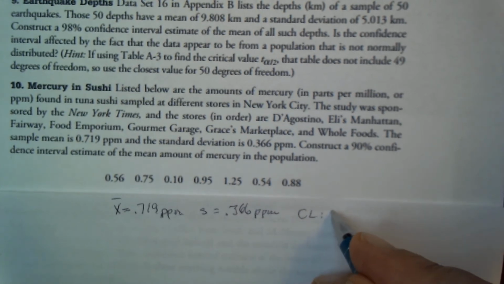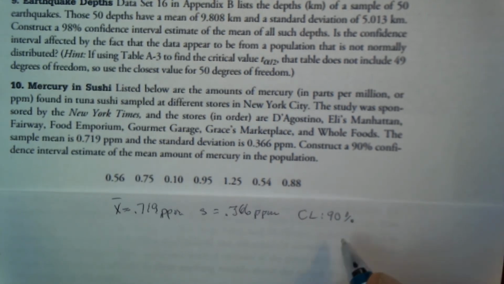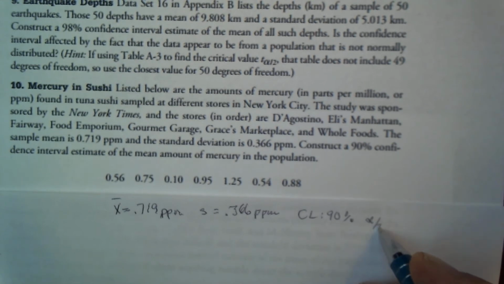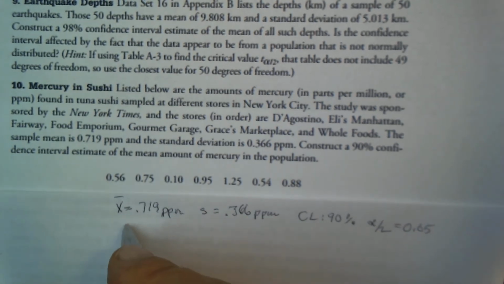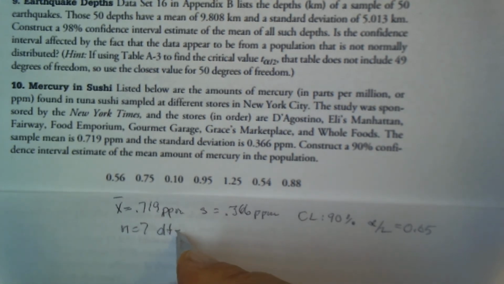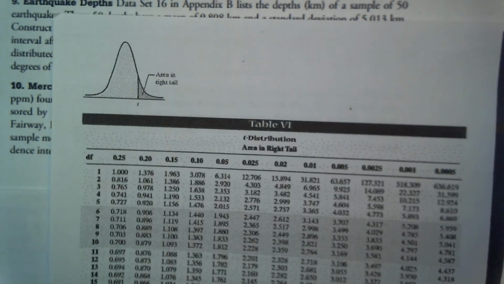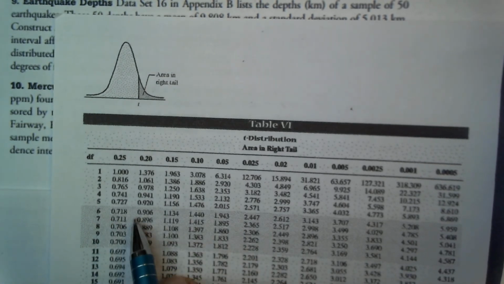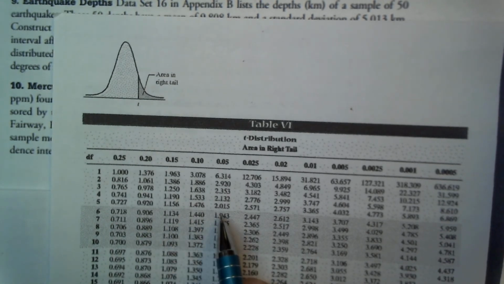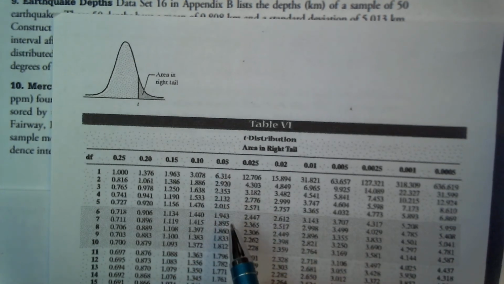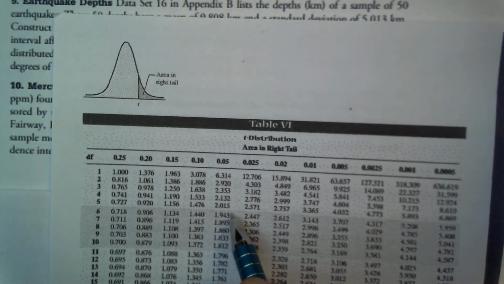The confidence level is 90%, so it means that alpha divided by 2 is equal to 5%, or 0.05, and n is equal to 7. So we have degrees of freedom equal to 6. When we look at the t-distribution table for degrees of freedom 6 and alpha divided by 2 being 0.05, our t sub alpha divided by 2 is 1.943.